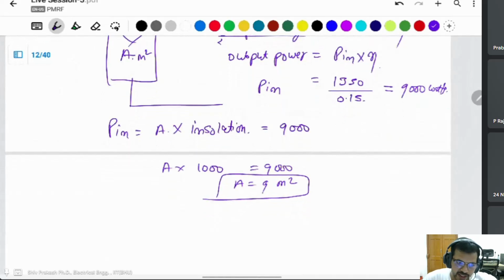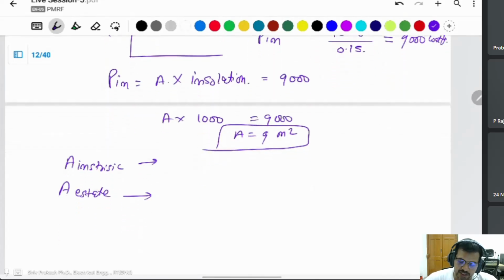There are two areas, intrinsic area and estate area. Intrinsic area is how much area is taken by the PV cell, the PV panel.